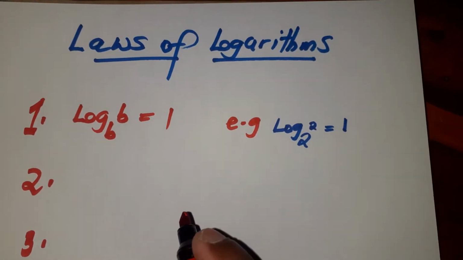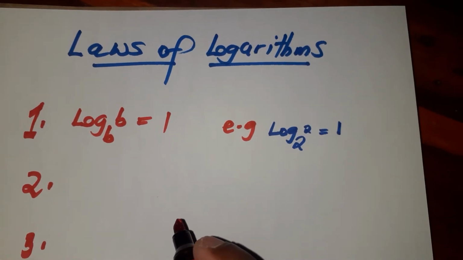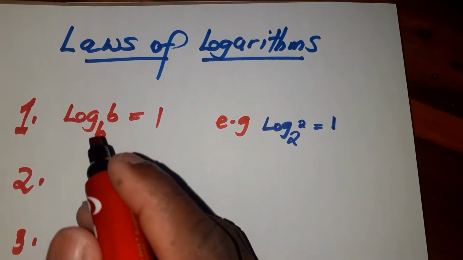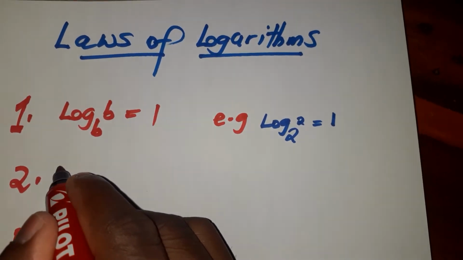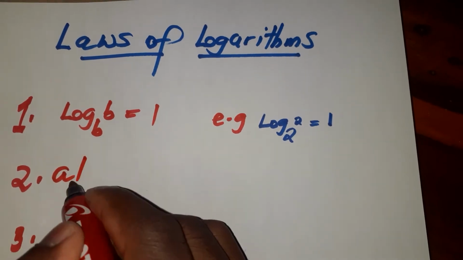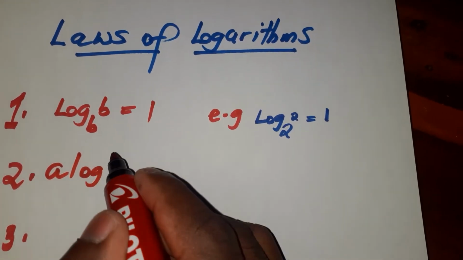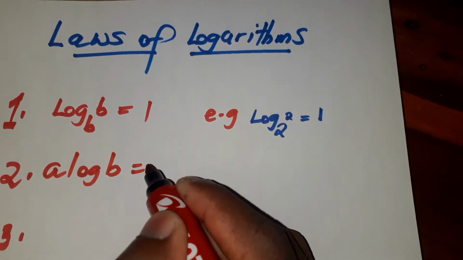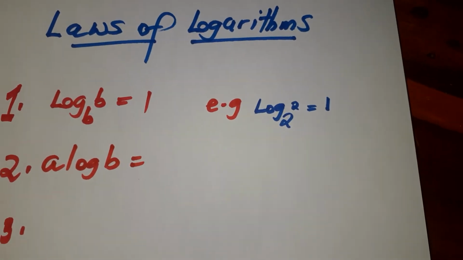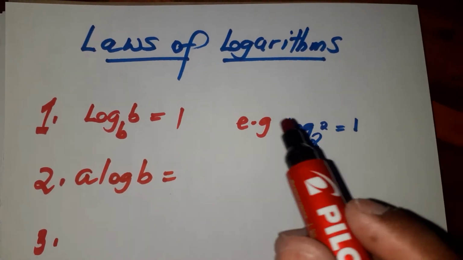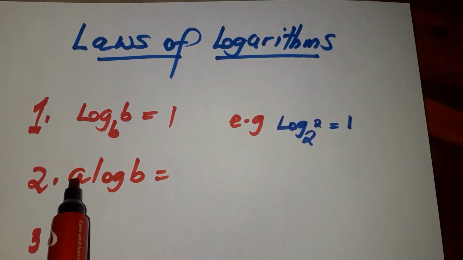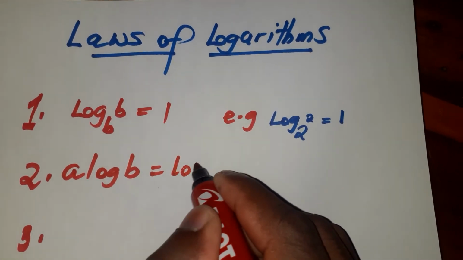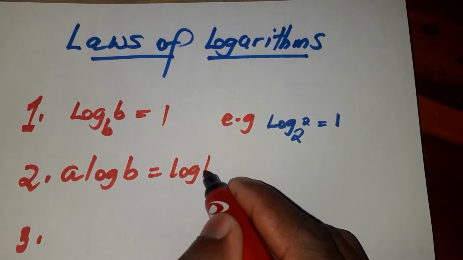The second one, when you have a log of b, that is equal to, you take this a, you write it as an exponent, then you're going to have log of b.